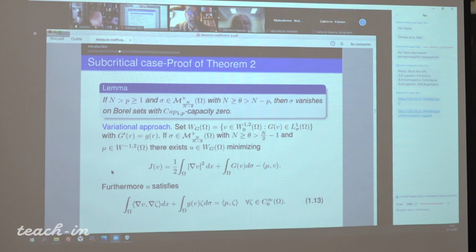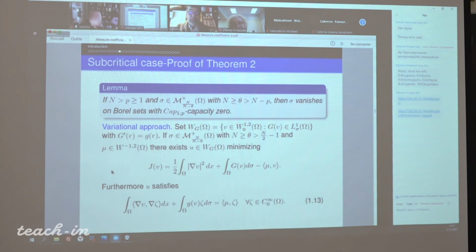So this is the space I'm interested in. And now if sigma is in the Morrey space n over n minus theta, with n bigger than theta bigger than n over 2 minus 1, so I have a larger domain, then for any mu in the space W minus 1,2, there exists a function u in Wg of omega which minimizes the problem.